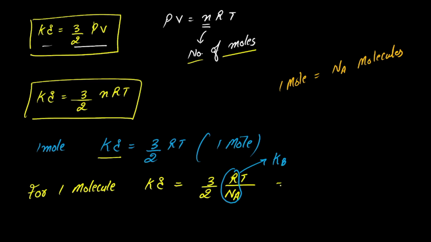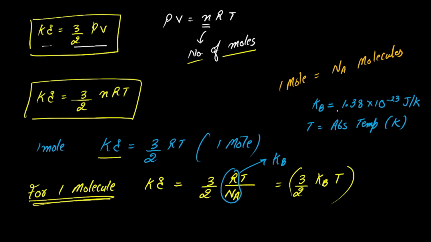So the expression comes out to be 3 by 2 Kb multiplied by T. So this is the expression for the average kinetic energy for one molecule, where Kb is the Boltzmann constant and the value is 1.38 times 10 raised to the power minus 23 joule per Kelvin, and temperature is the absolute temperature measured in Kelvin. I hope you are now clear with the average kinetic energy equation calculation.